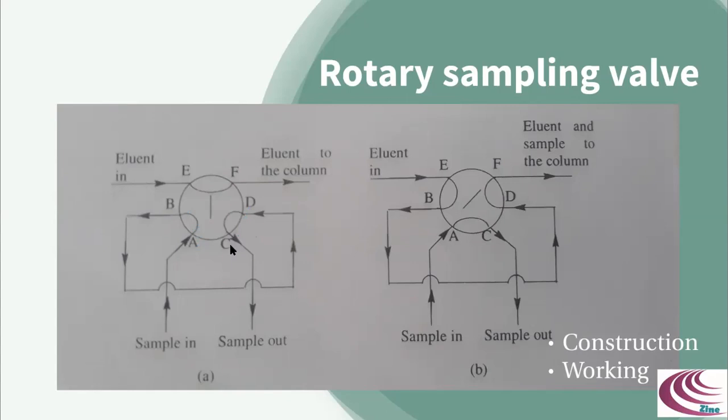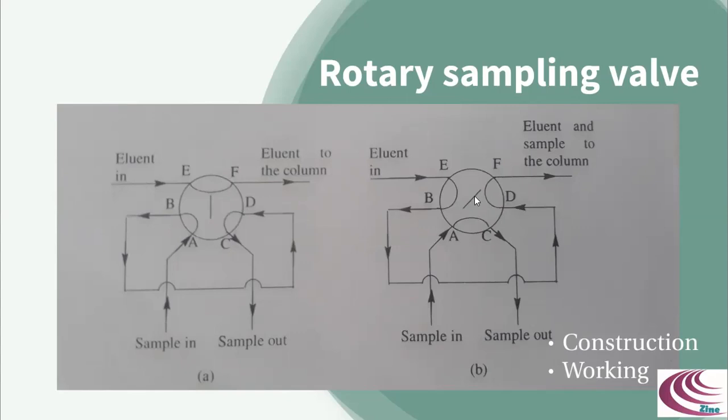Another loop, that is EF, contains mobile phase which passes through the column. Thus, in the filling mode, the sample solution and the mobile phase are passing through two separate loops, that is ABDC and EF.